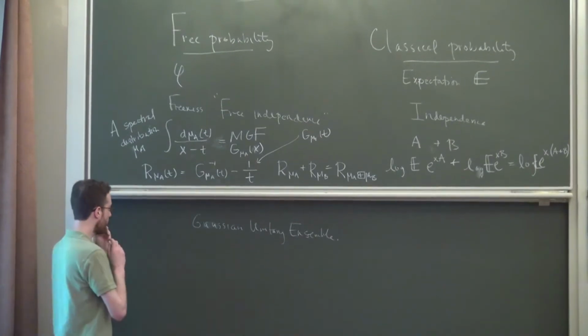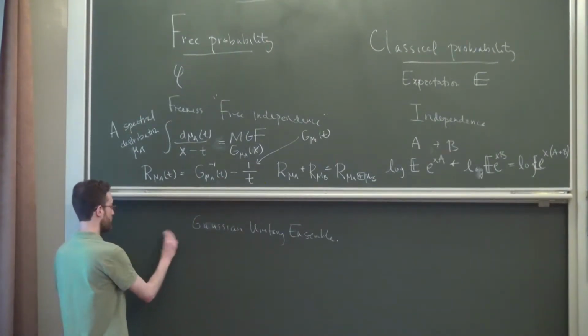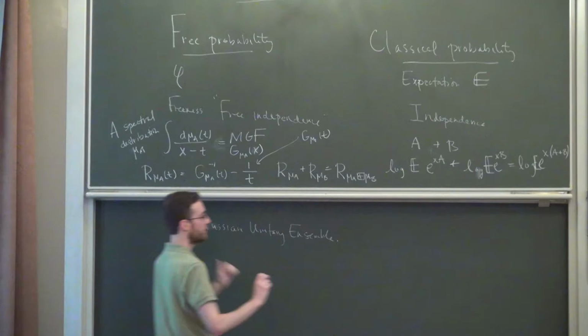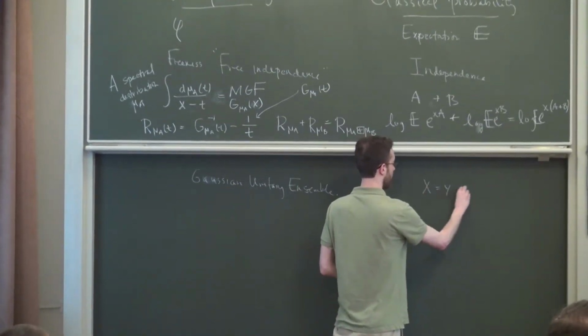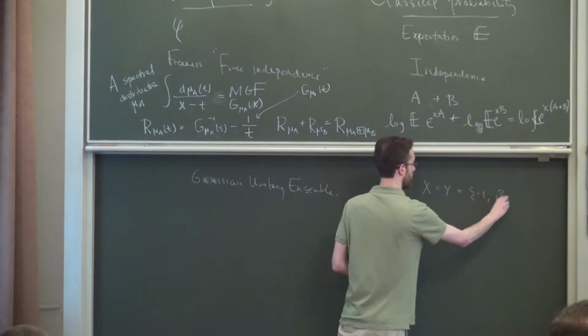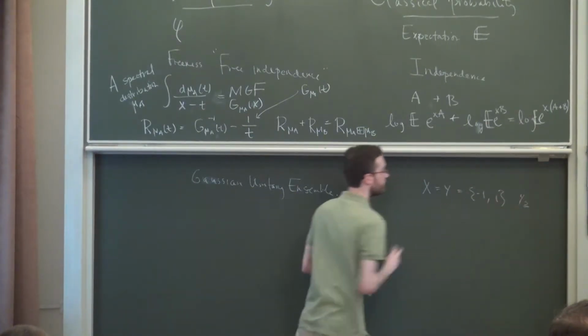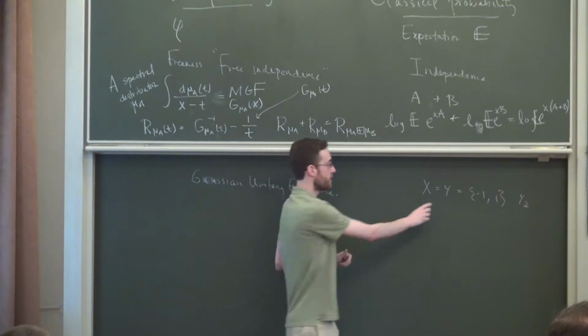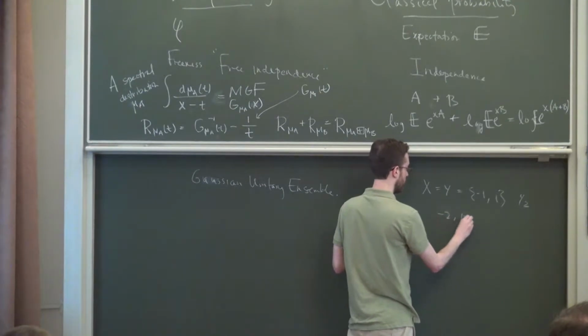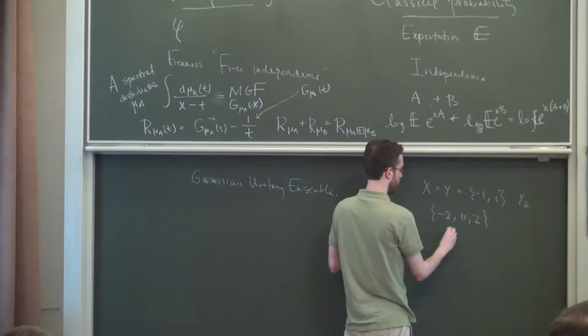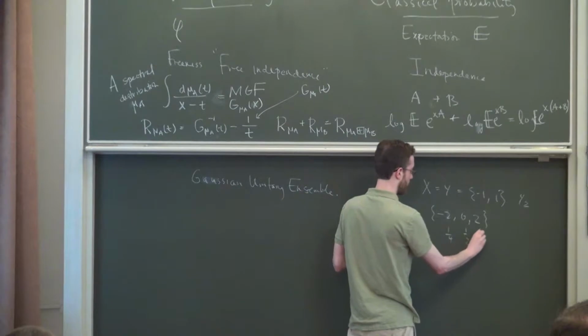And one example of that, so let me say what happens when you add. So over here, let x equal y be minus 1, 1, each with probability 1/2. Then what you get when you add these together independently is something that's minus 2, 0, or 2, with probability 1/4, 1/2, 1/4.